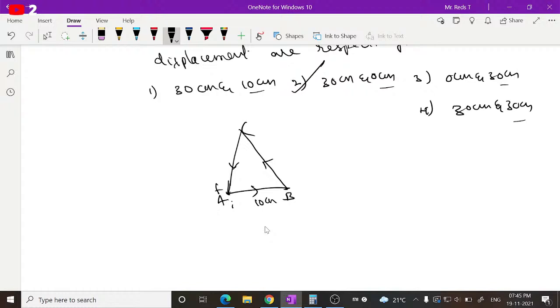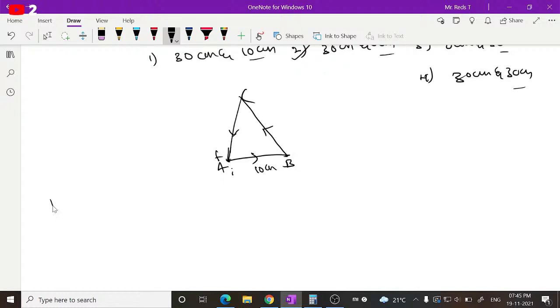So, what is given here? Next, page 64, question number 7. The body starts from rest and moves with a uniform acceleration.